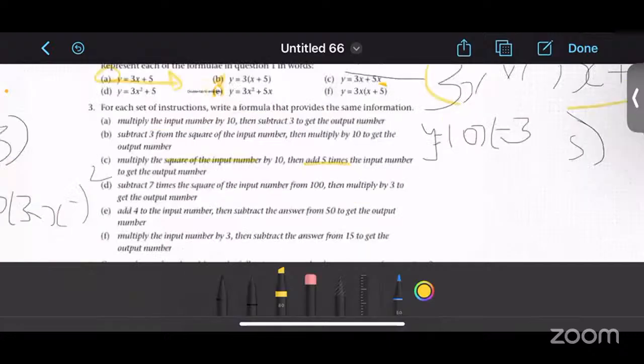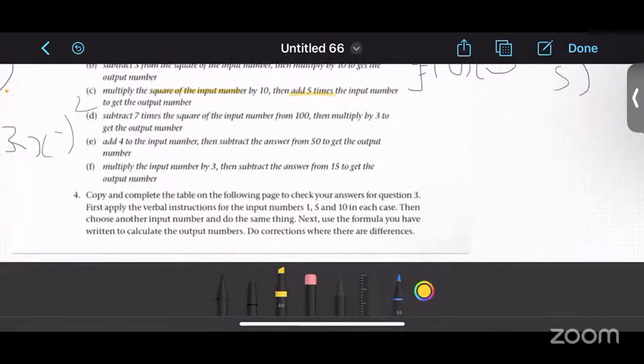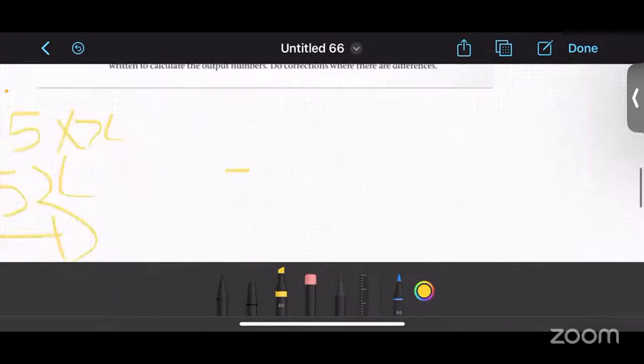Okay, and then let's look at D. If you're working in small portions, this is: subtract 7 times the square of the input number from 100. They say from, so that's why I'm having this negative before.